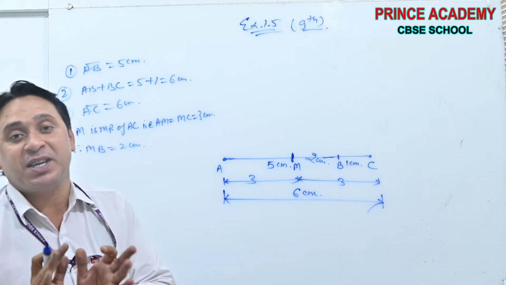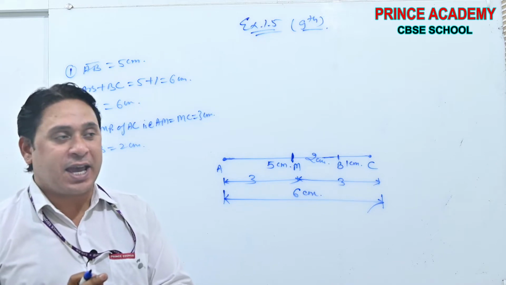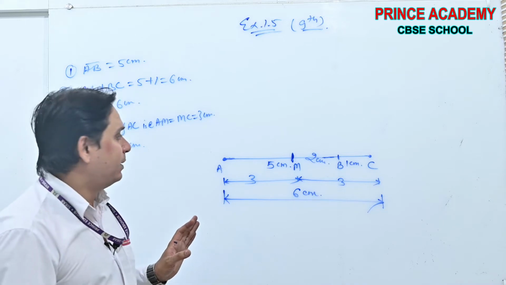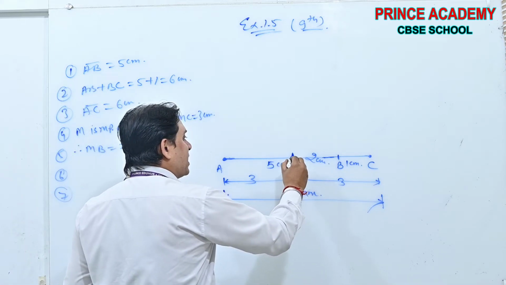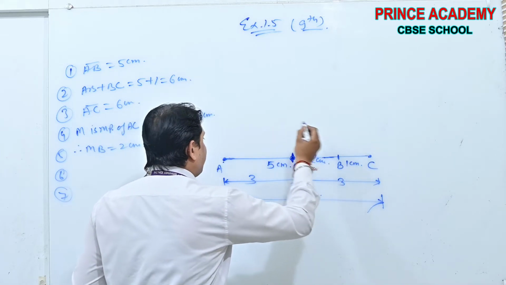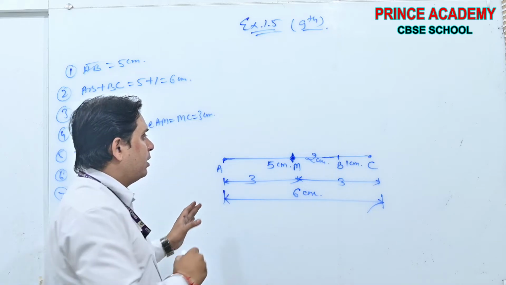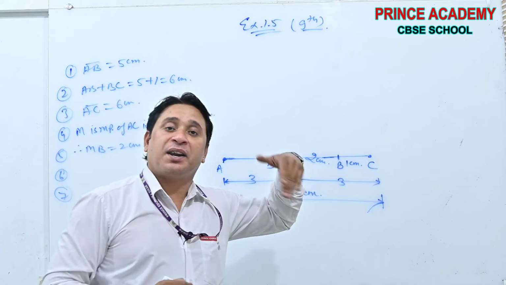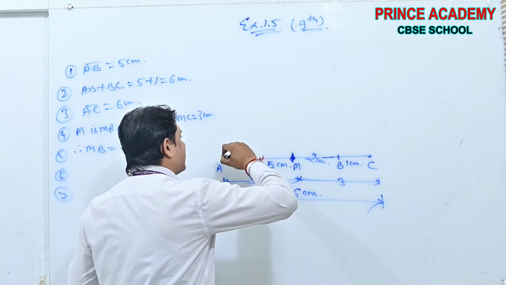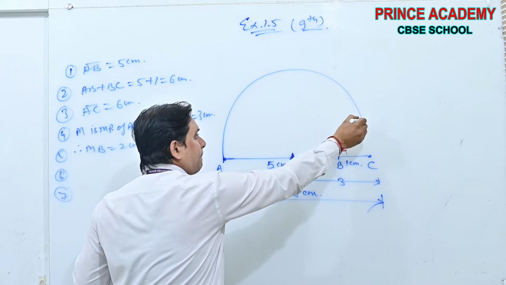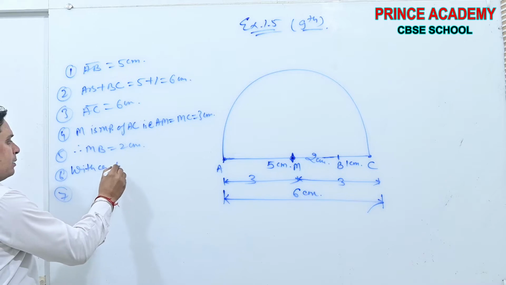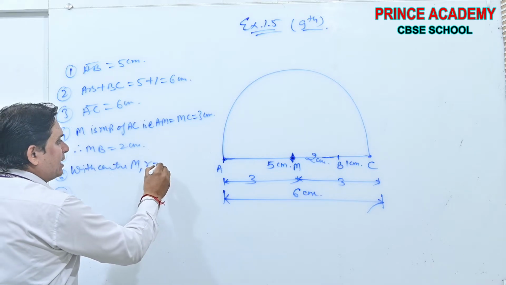Now see what I am saying. Draw a semicircle with M as center and AM or MC as radius. I placed the compass on M and drew the semicircle with radius AM.